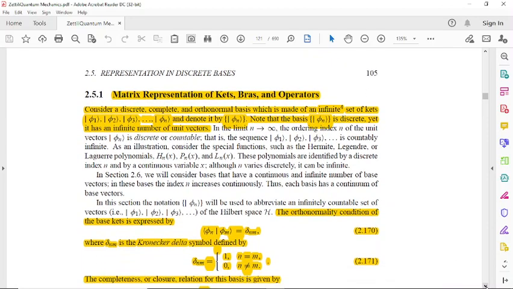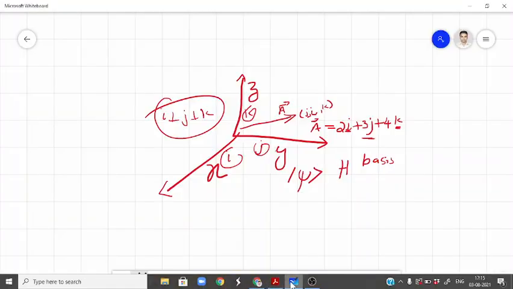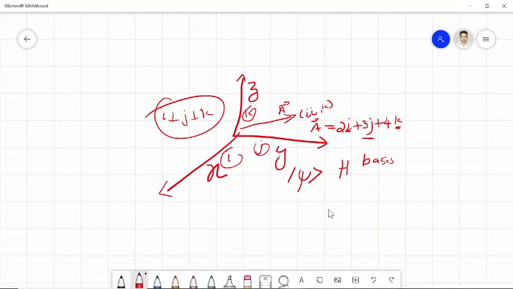Then the orthonormality condition of the base kets is expressed as bracket phi n phi m is equal to delta nm, the Kronecker delta.